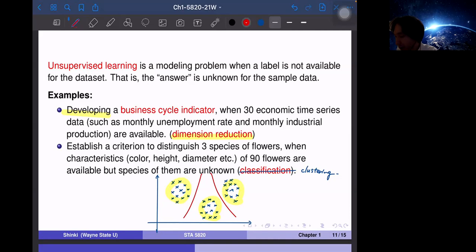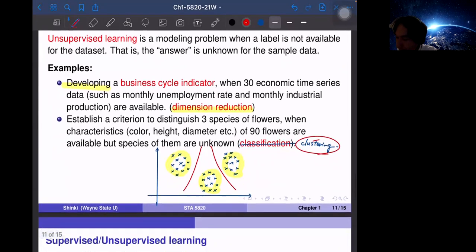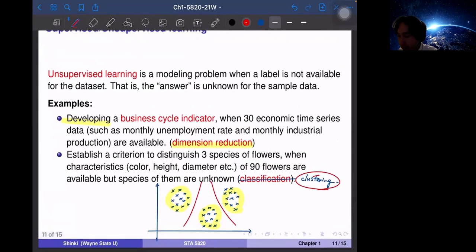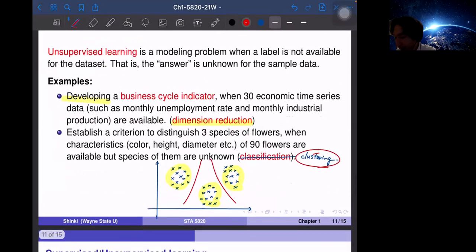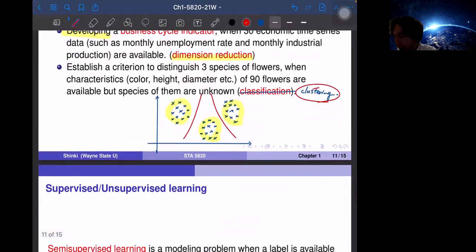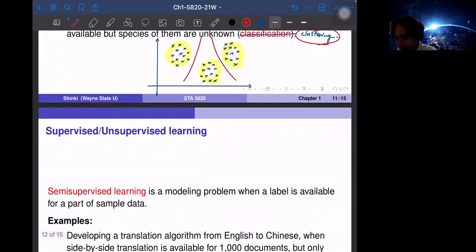I think we more often say clustering, but we can also say classification without the supervisor. So these are unsupervised learning. These are dealt with in chapter 10 of the textbook, so maybe only 1/10 or 1/9 of the entire textbook.